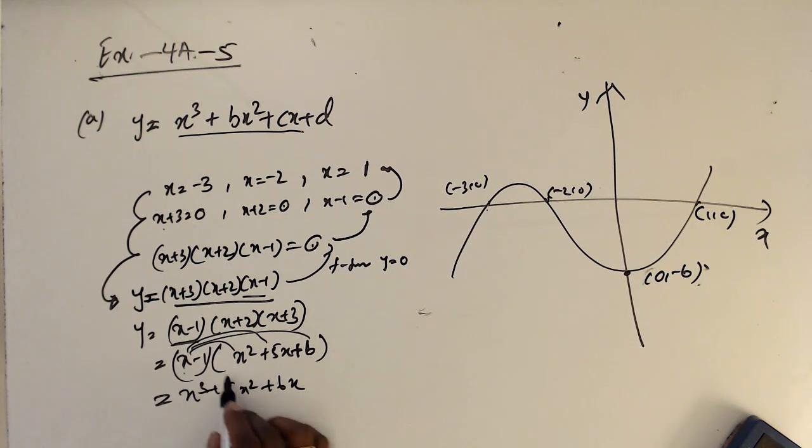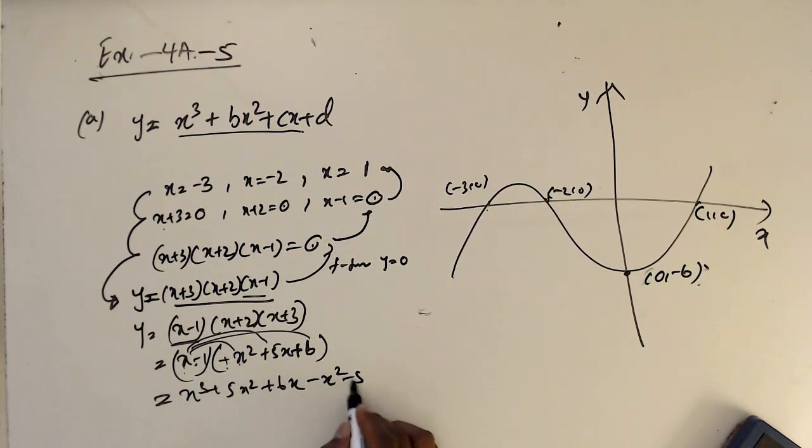Then minus x squared, minus 5x, then minus 6. So x cubed plus 4x squared plus x minus 6.